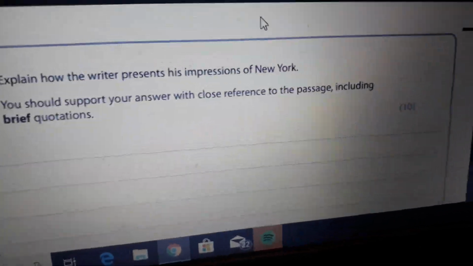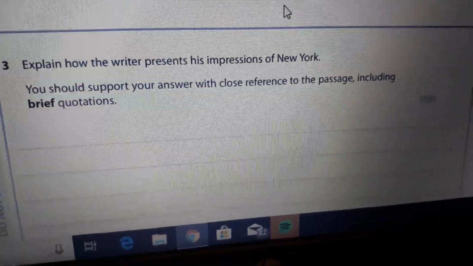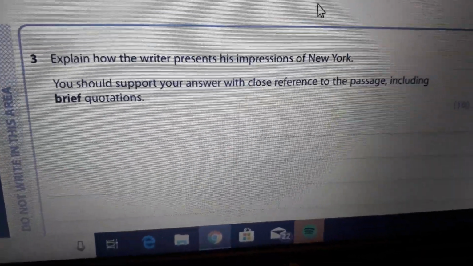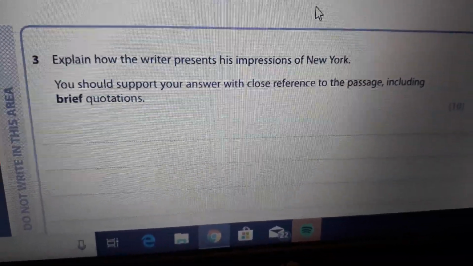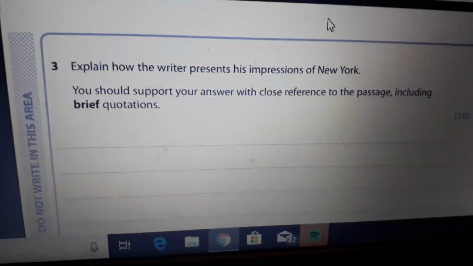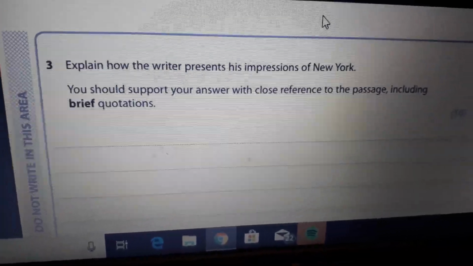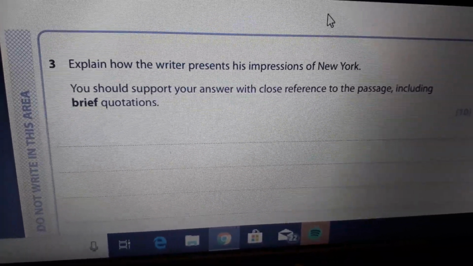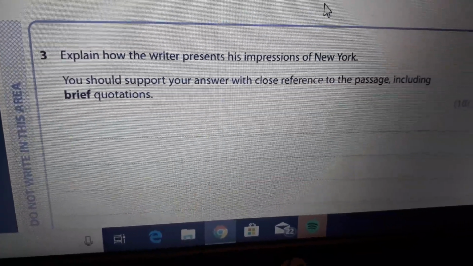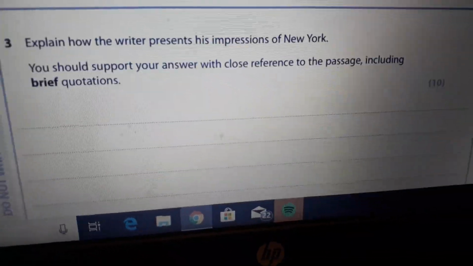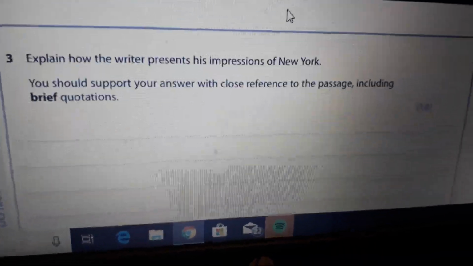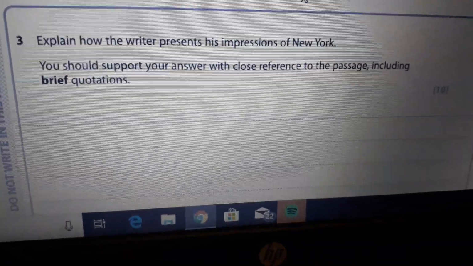Now you see the marks, 10. The question is, explain how the writer presents his impressions of New York. This is the new type of question that I have spoken about in the syllabus video. You should support your answer with close reference to the passage, including brief quotations.